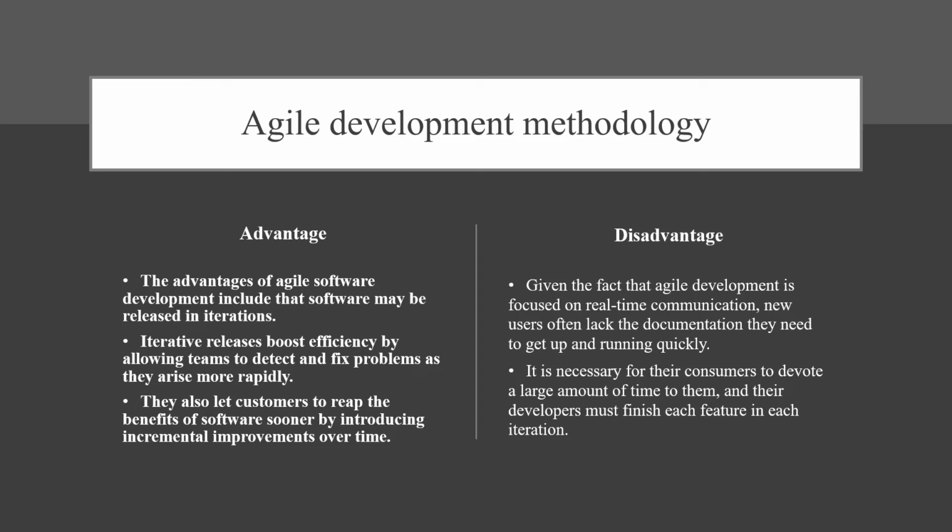On the other hand, the disadvantage is that it is necessary for consumers to devote a large amount of time to them, and developers must finish each feature in each iteration. Another advantage is they also let customers reap the benefits of software sooner by introducing incremental improvements over time.